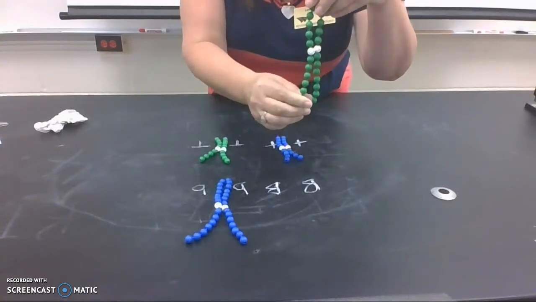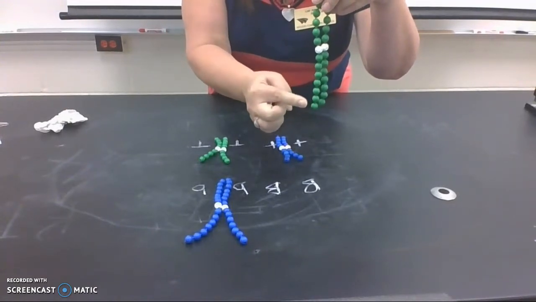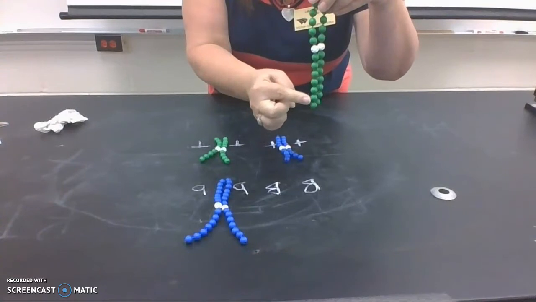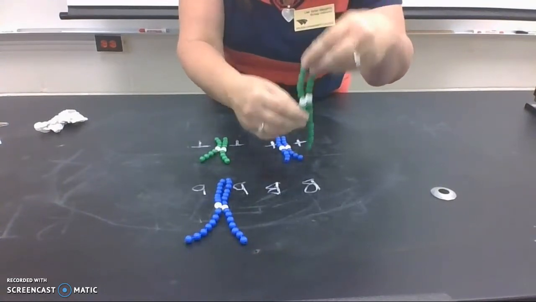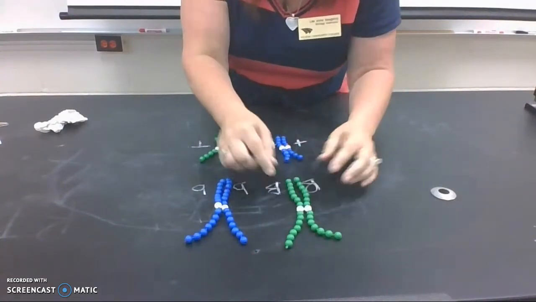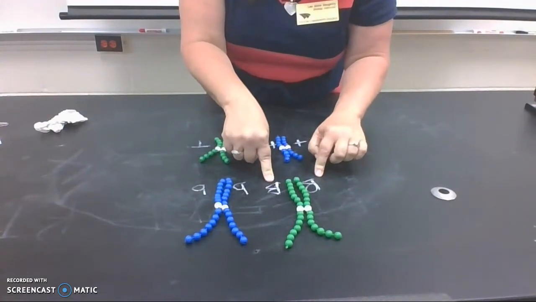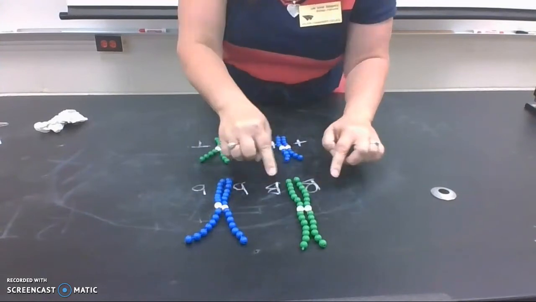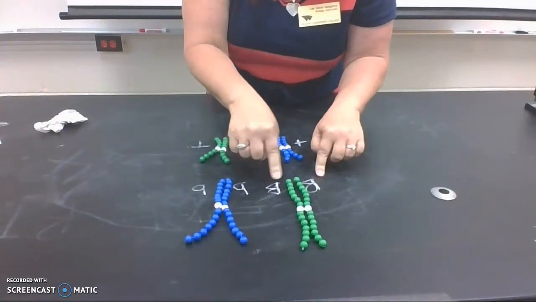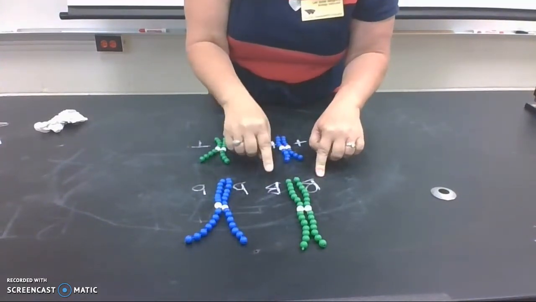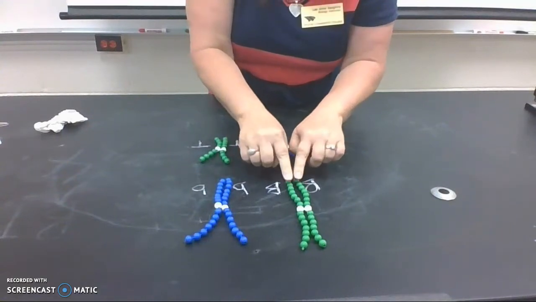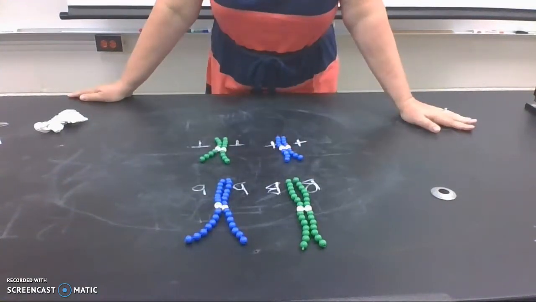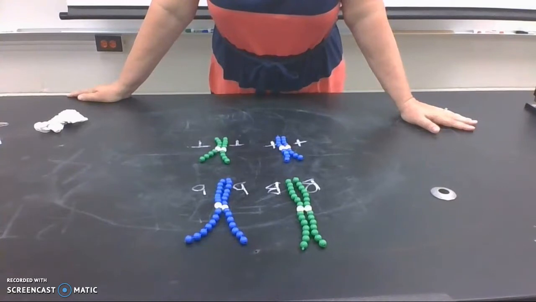So we're going to pretend that the bottom 2 beads of each of our chromosomes represent a gene that I have shown here by a capital B. For this large green pair of sister chromatids, both of those bottom 2 beads are going to be the gene for brown eyes. Capital B is going to represent brown eyes.